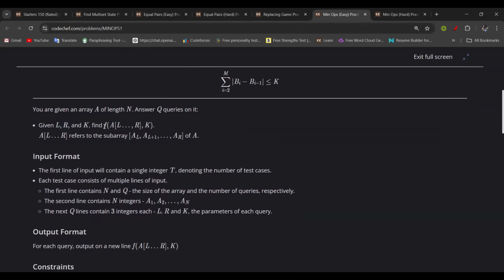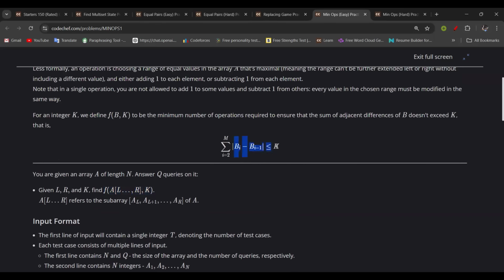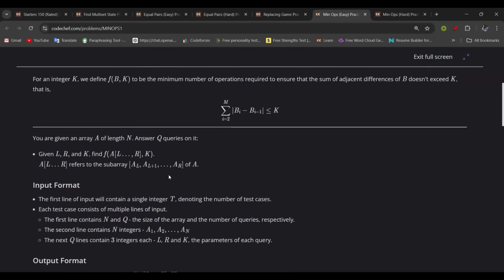You need to take the subarray from L to R as your array and this k as your k, and find the value of the function. So for the subarray from L to R, what is the minimum number of operations to reduce this sum to be less than or equal to k? That's what you need to find, for every one of the q queries.